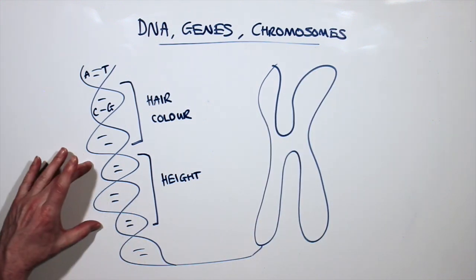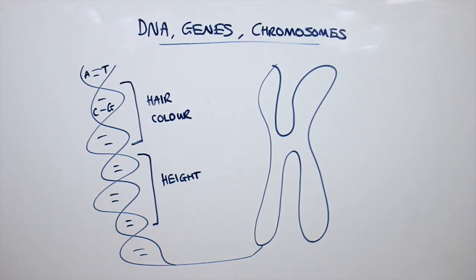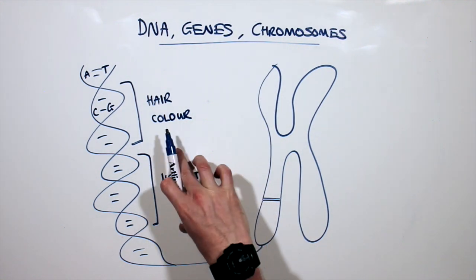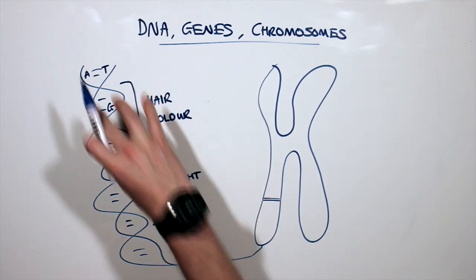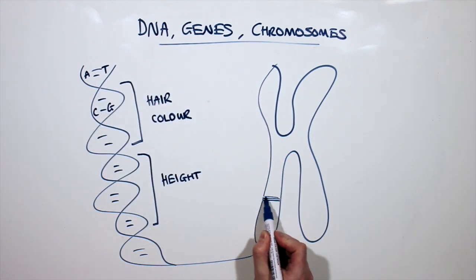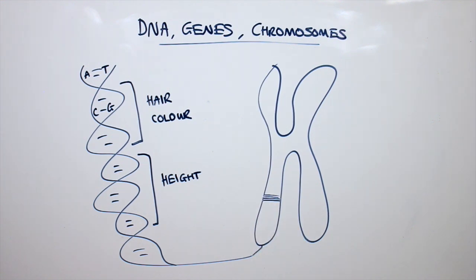So where height might be quite a large section of this bit of DNA, once you condense it down, it might actually only be a very small part of a chromosome. So if height was this part, then hair color would be the bit of DNA above. Again, because we've condensed everything, this next section up here might be hair color. And then there might be another gene above that codes for a different trait, and another gene above that codes for a different trait.